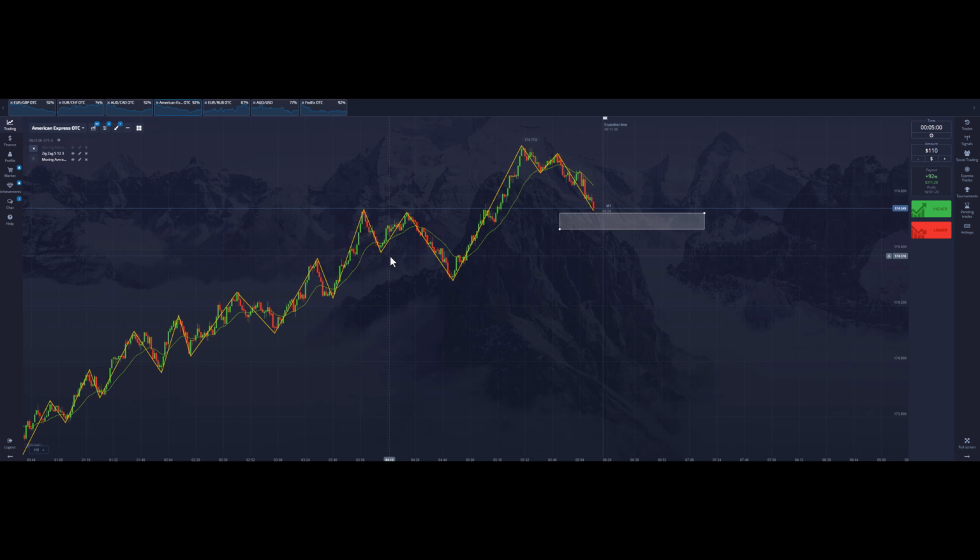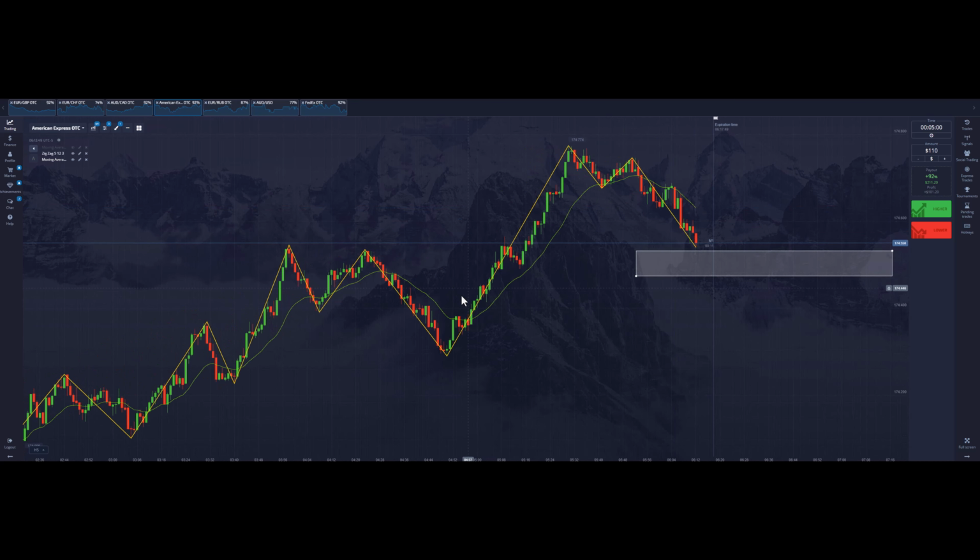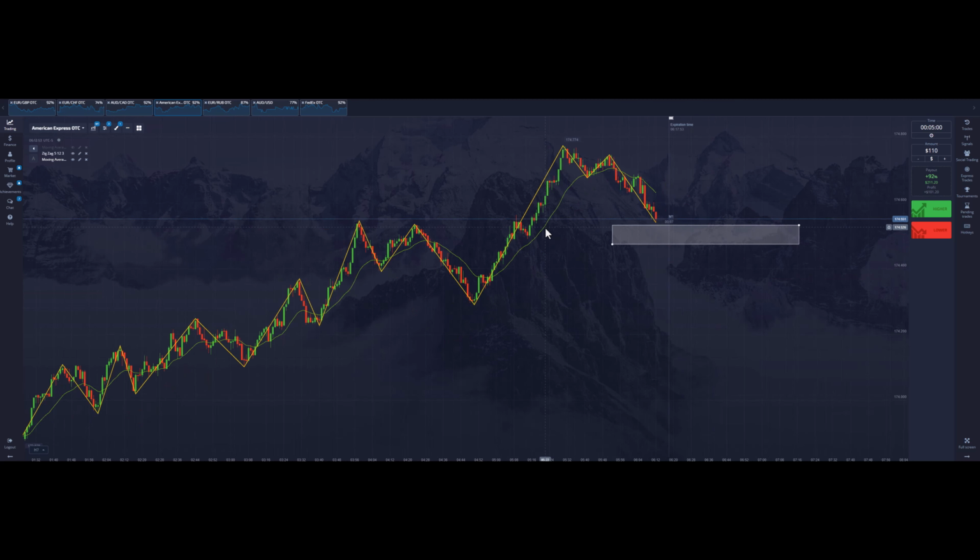American Express with the trend up, pull back, boom. This is really just not good, heading down. This is a really small trend though, but we'll see what it does.